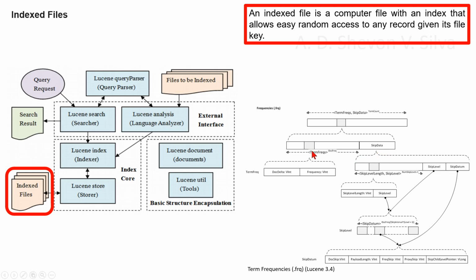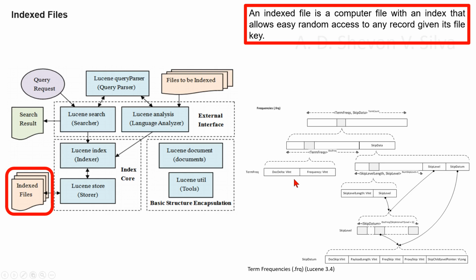Term frequency consists of a list of doc deltas and the number of times this term occurs in that doc. The doc delta encodes both the document number and the frequency. In particular, doc delta divided by 2 is the difference between this document number and the previous document number, or 0 when this is the first document in a term freq.